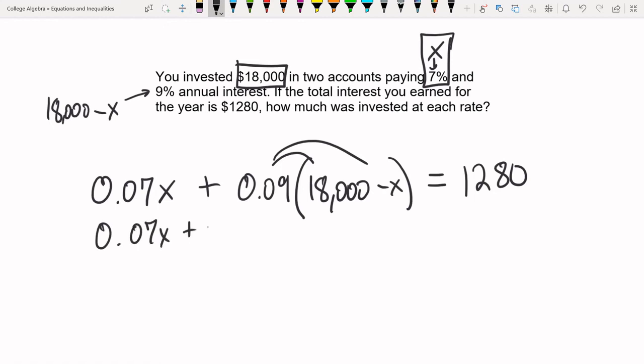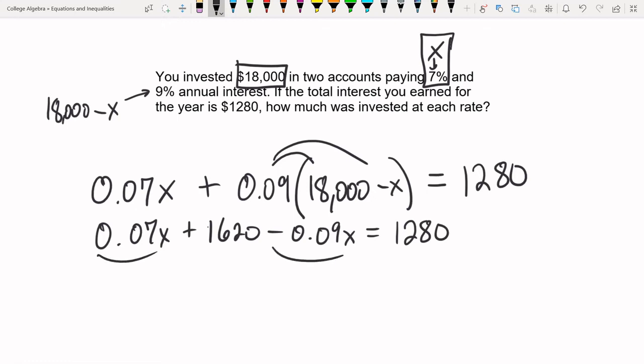0.09 times 18,000 gives us 1620. Now, these are like terms that are on the same side of the equation, so I can combine them. 0.07 minus 0.09 is negative 0.02.